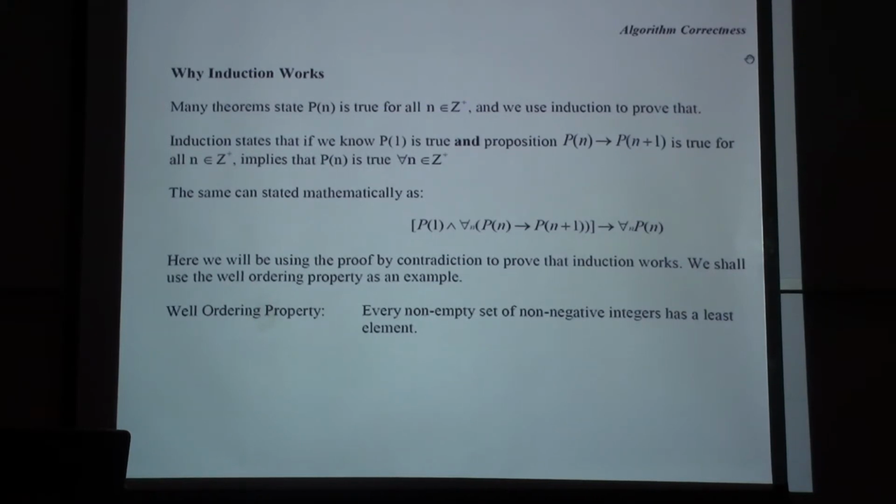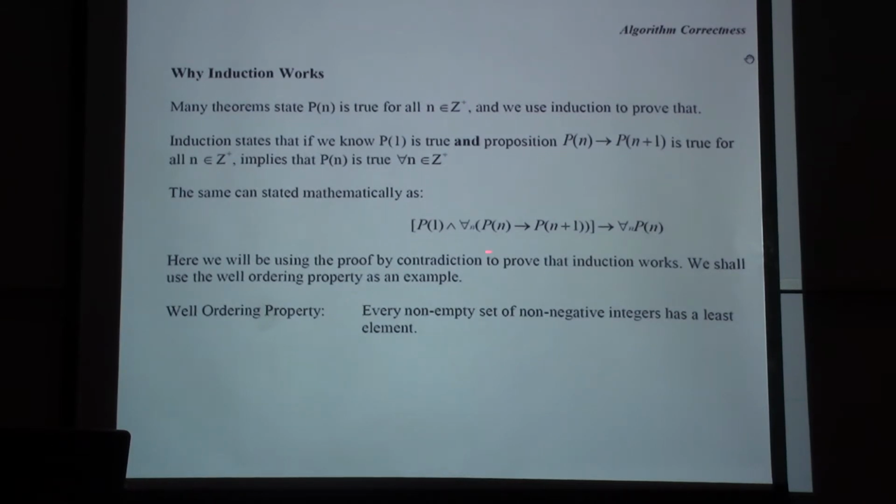Now let's think about what this means. So if P of 1 is true, that's a given because we're going to plug it in directly. So we assume that the basis is true. Now, we're completing the proof. We're saying that if P of n is true, then P of n plus 1 is true. So therefore, this has to be true in order for this to be true. Okay?